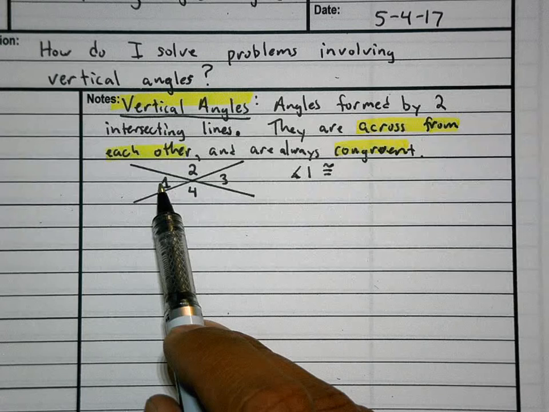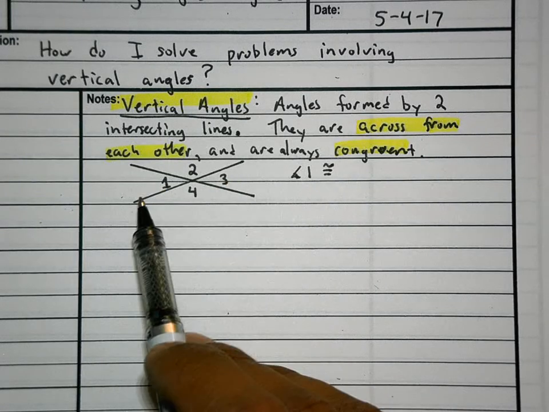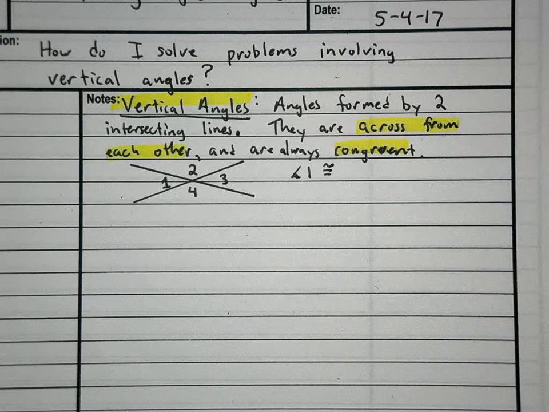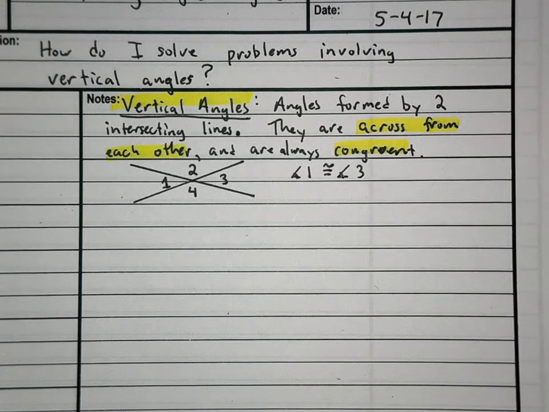If this angle 1 is acute, then the other side should also be acute, and it should also be congruent. Which one is congruent to it? Angle 3. 1 and 3 are vertical angles. 1 and 3 are congruent because they're across from each other. It's formed by two intersecting lines.